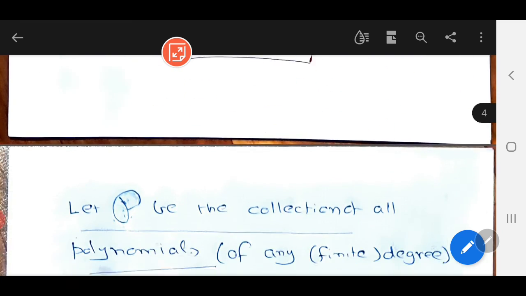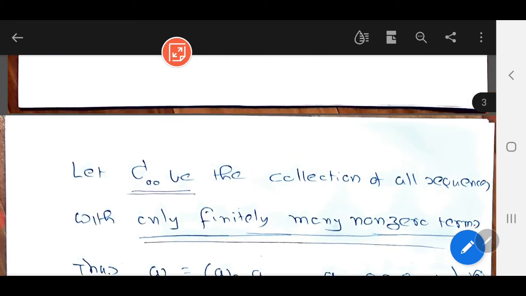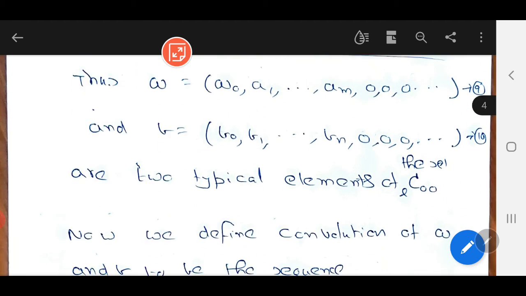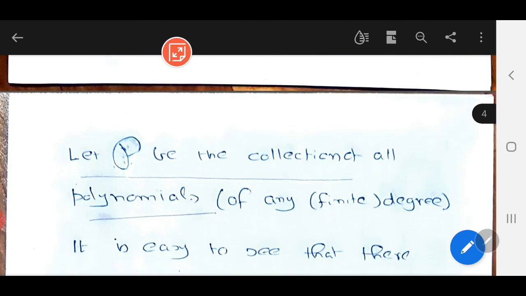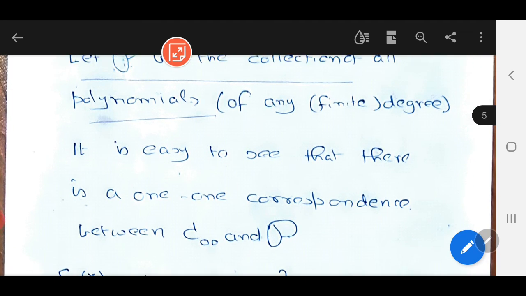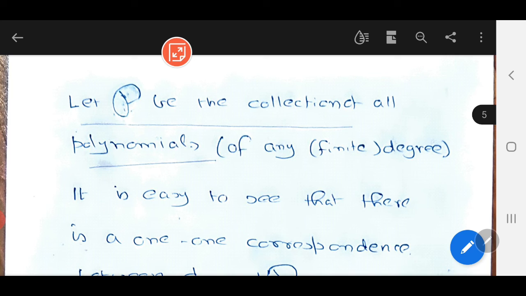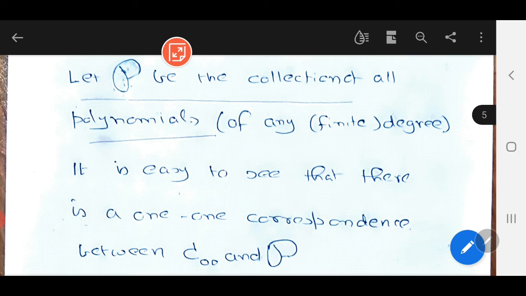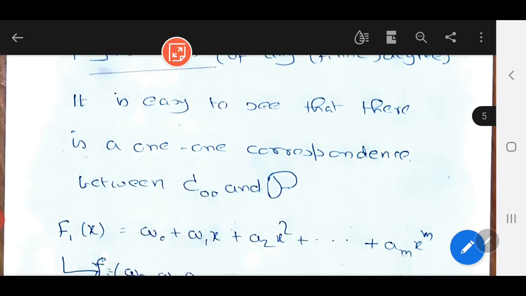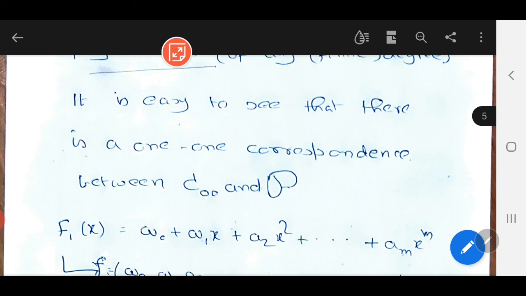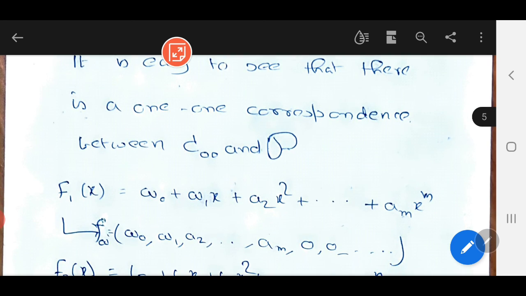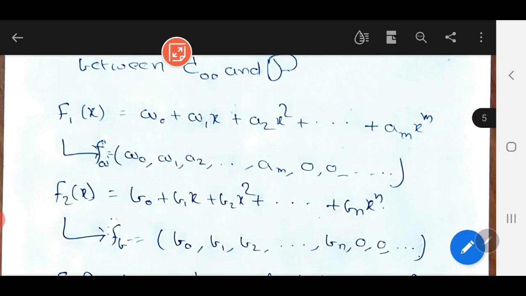Now again, I would like to recall that formula, because that formula is the focus for us. Now see, let P be the collection of all polynomials of finite degree. It is easy to see that there is a one-to-one correspondence between C00 and script P. So you have f1 of x; I am directly giving the one-to-one correspondence here.